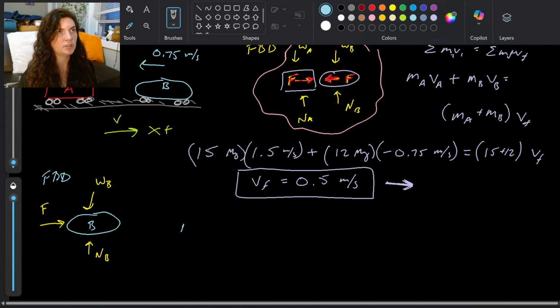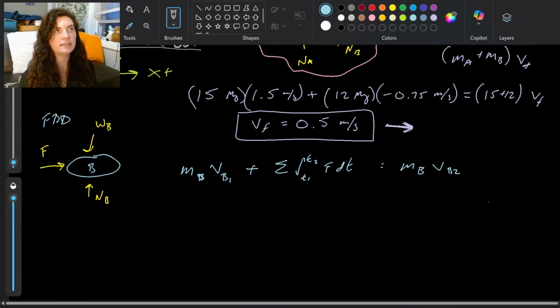Again, that principle is going to be my initial mass, I'll just call it MB for the mass of the little tanker car, times my initial velocity of that little tanker car, plus the summation of any forces dt, any forces that are impulsive with respect to time, is going to equal our final mass times our final velocity.